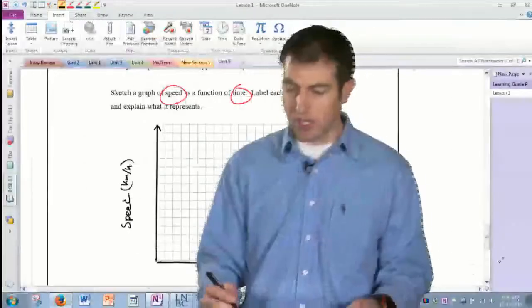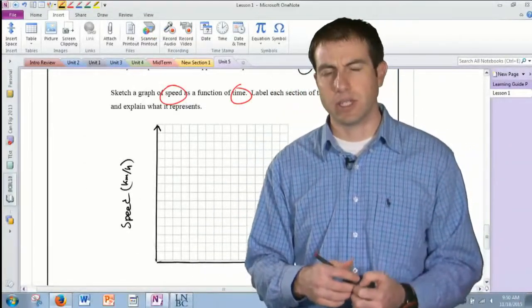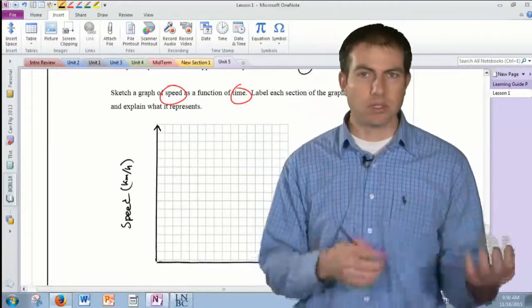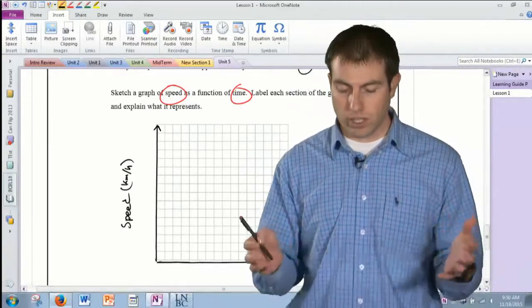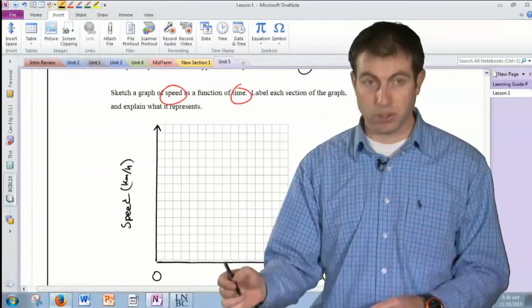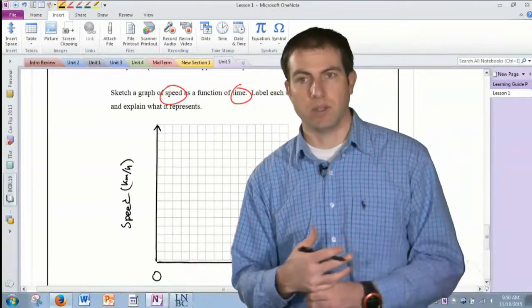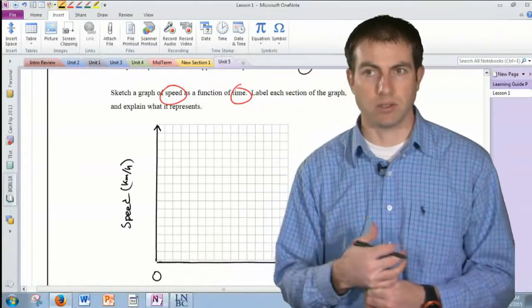I need to actually put numbers in here to represent all of these things. This is where graphing gets tricky, trying to figure out what numbers to put in, where I should start at my origin, and what values I want to go to. I can pick whatever values I want. There's nothing wrong with picking any values.